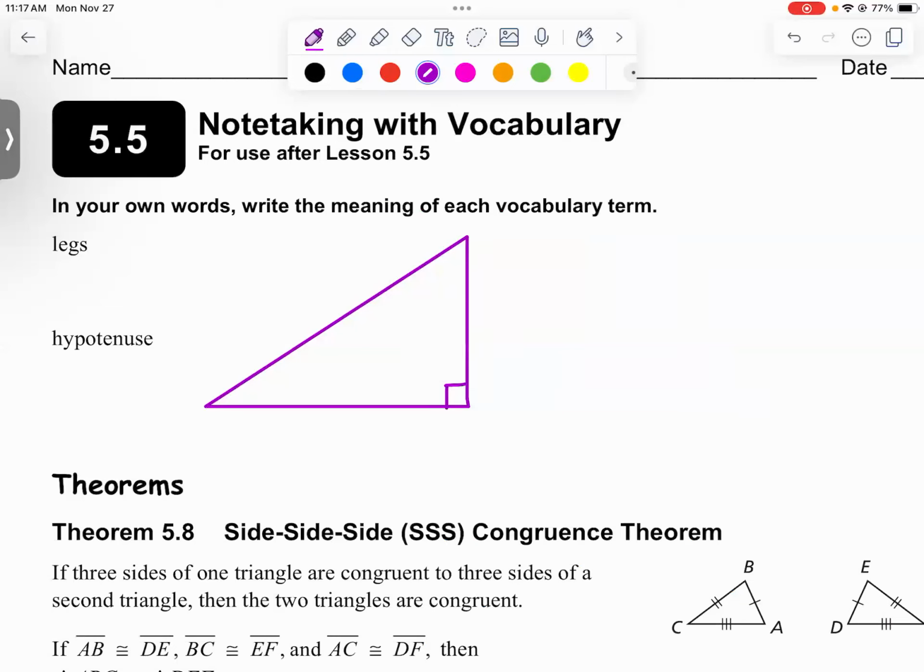The one across from the 90-degree angle. And the other ones are both legs. They're not maybe the same, but hypotenuse.